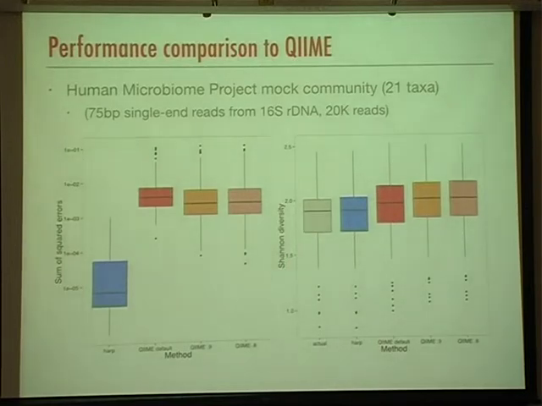So one way in which we oftentimes are interested in describing microbiome communities is to talk about the diversity of that community. And so in gray, I show the actual diversity across multiple samples, and then the distribution that we get from using HARP, and then the distribution from using variants of the QIIME pipeline.